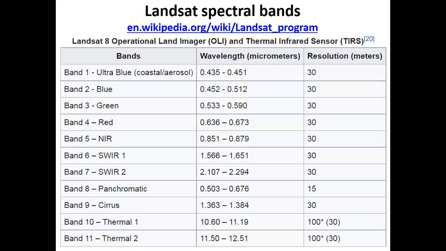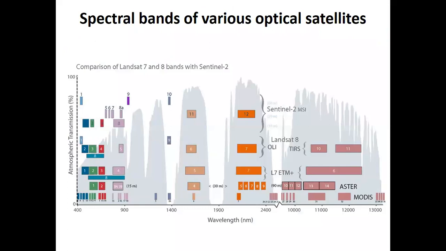Different satellites, you remember, have different sets of bands they could use. Landsat 8, for example, has 11 spectral bands, and different satellites might have different sets of bands.